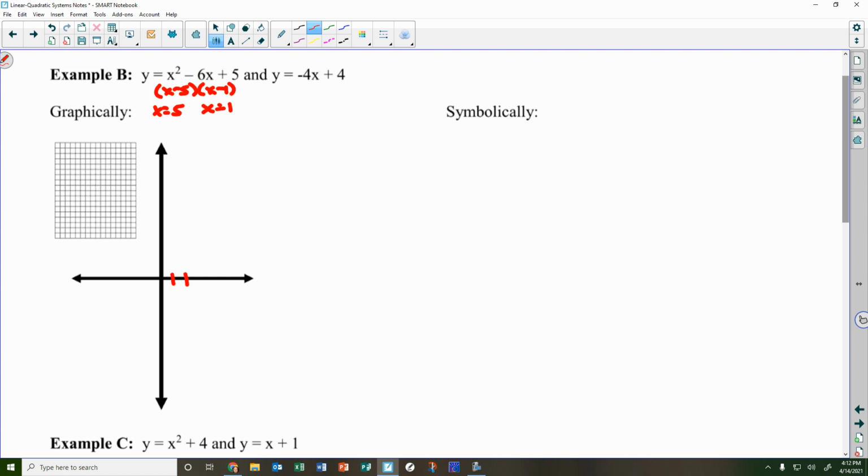So if I make this as 1, 2, 3, 4, 5, there's a point and there's a point on my parabola. And if I find the vertex, the opposite of b, which is 6, over 2a, which is 2, so 3 is the line of symmetry. And if I plug 3 into the equation here, 9 minus 18 plus 5 is -4. So we'll see how good I draw my parabola here.